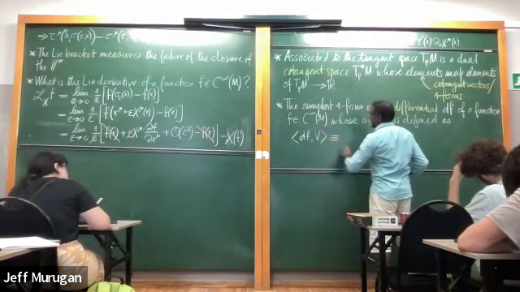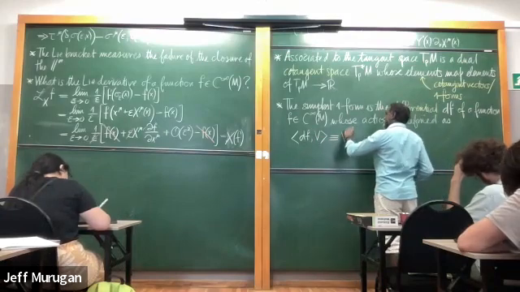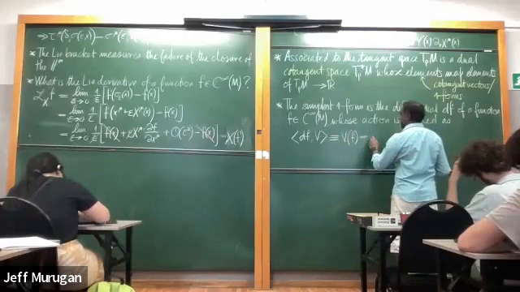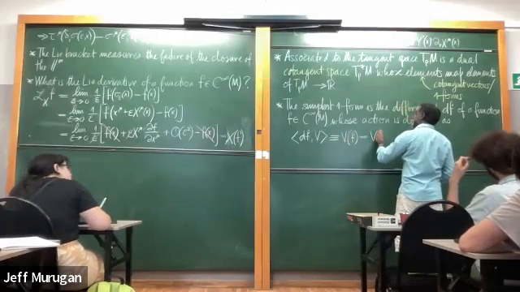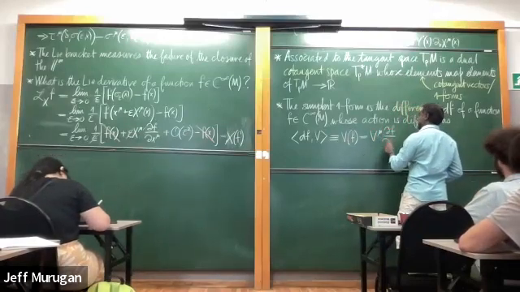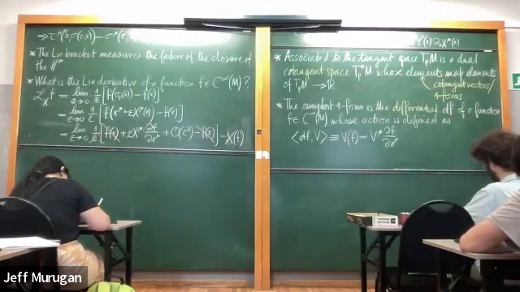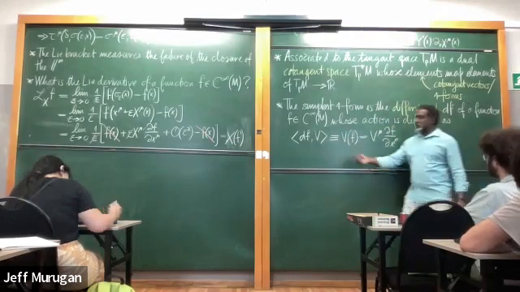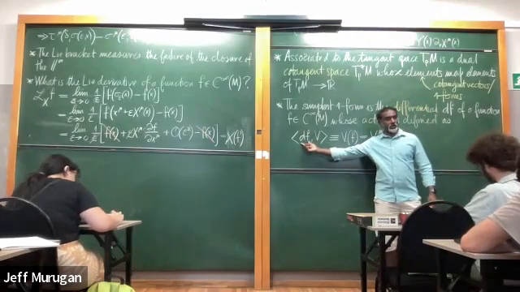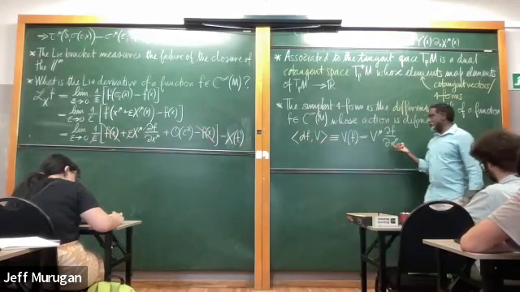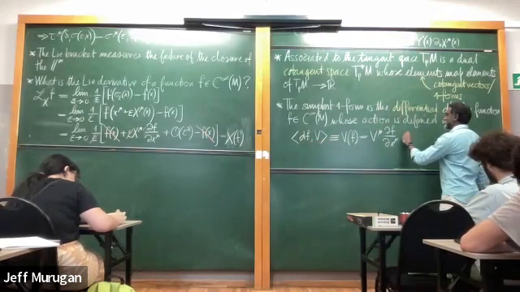But I'm defining this thing to be v acting on f, which is v mu df by dx mu. Okay, so this is how you associate an element of cotangent space to an element of tangent space. And this is the real number that they produce.